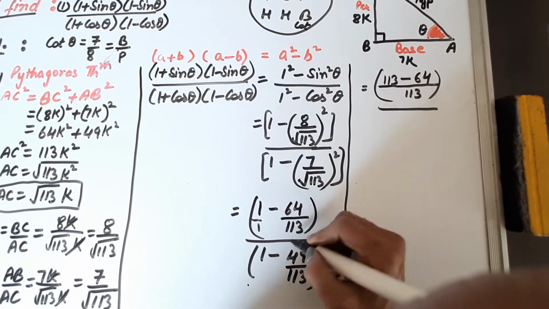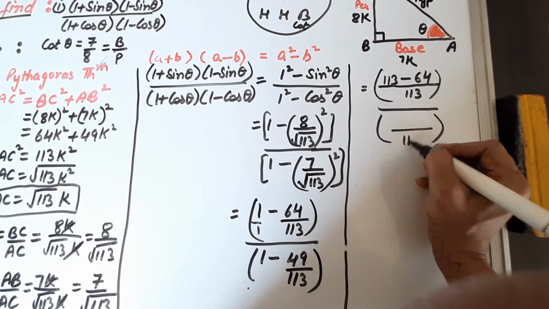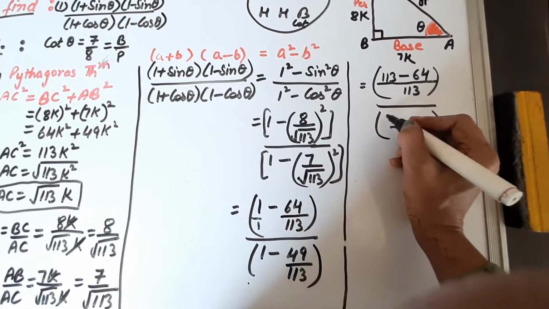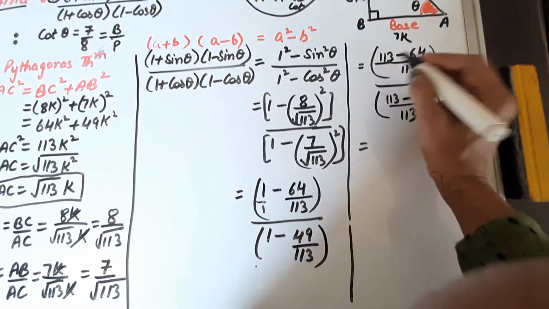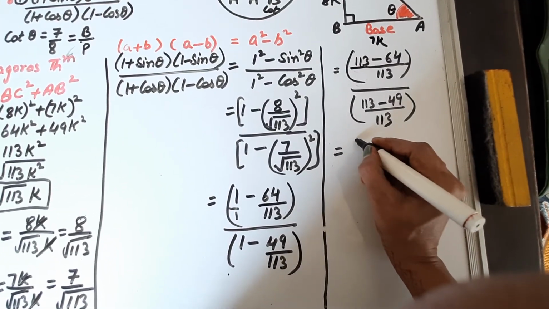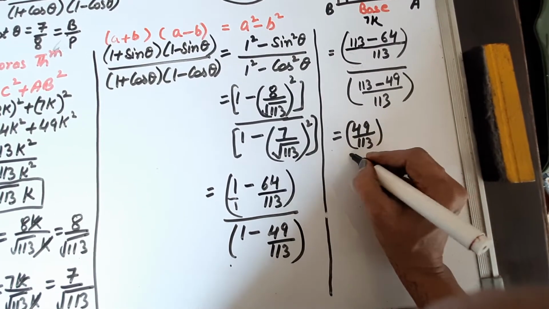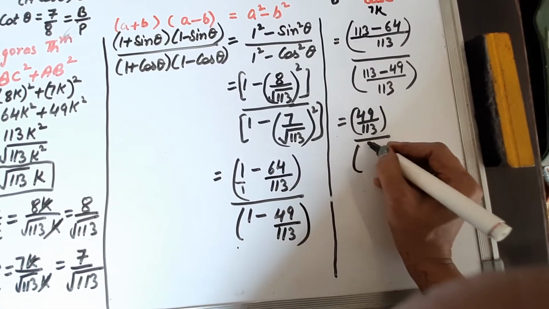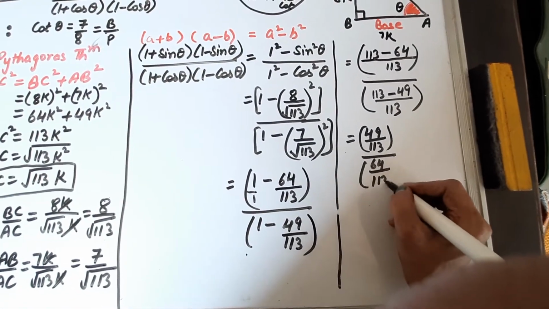Similarly, let us take the LCM in the denominator. 113 will be the LCM. 113 ones are 113 minus 49. So 113 minus 64 will be 49 upon 113, and when you subtract them, you will get 64 upon 113.